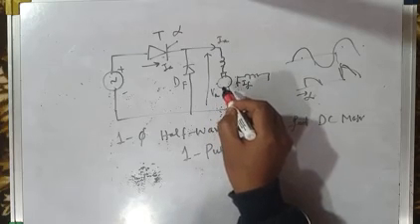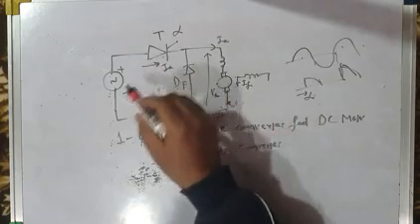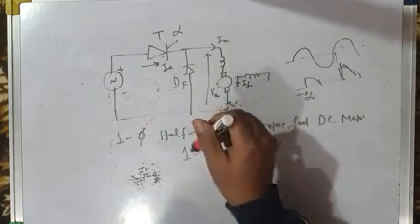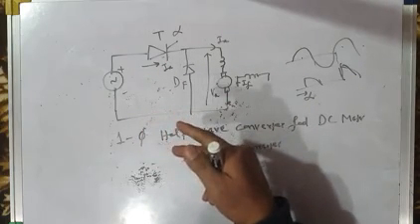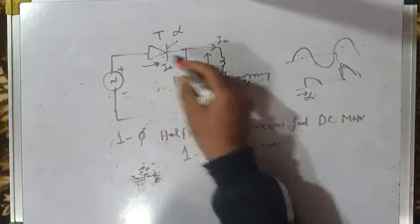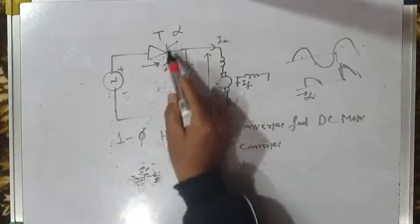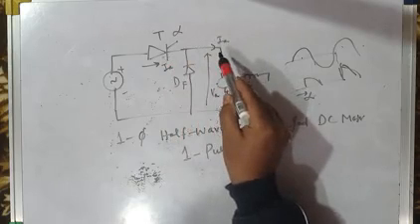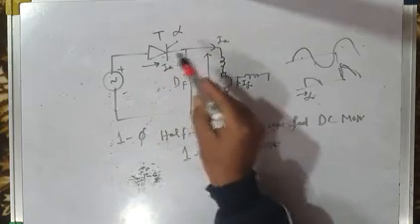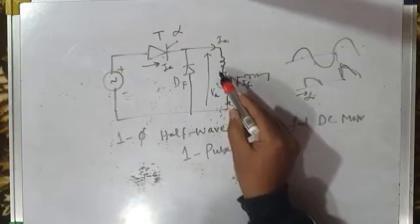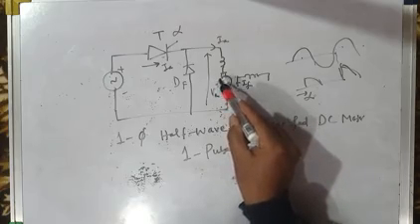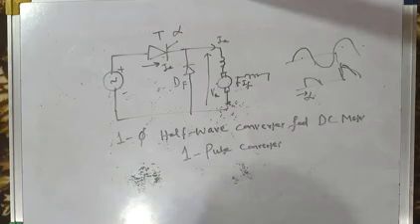So instead of using two thyristors which are dropping the voltage, you use only a half wave converter in which only one device drops the voltage of 2 to 3 volts. Therefore, this type of converter finds its application for driving low power and low voltage DC motor drives.